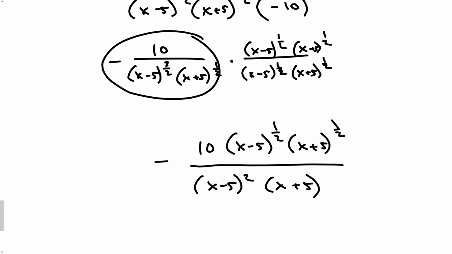Again, an ugly, ugly answer, but it is factored, it is simplified, it is rationalized. And that was section P5, factoring polynomials.